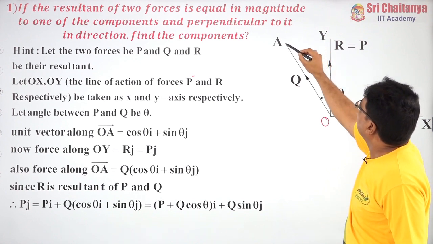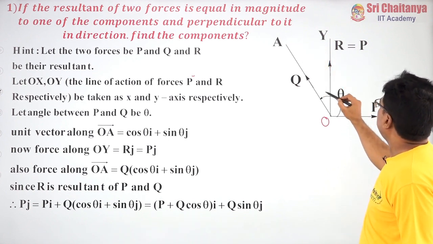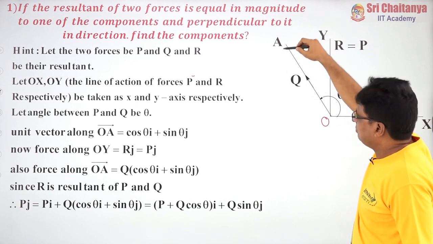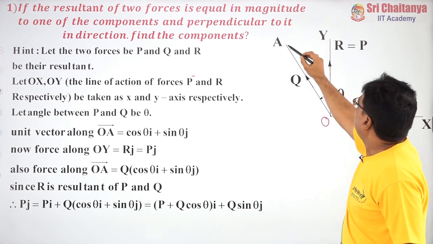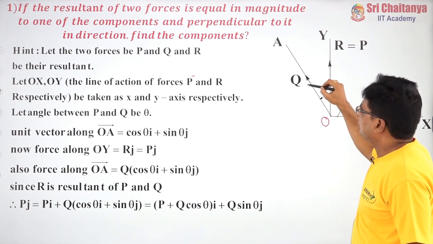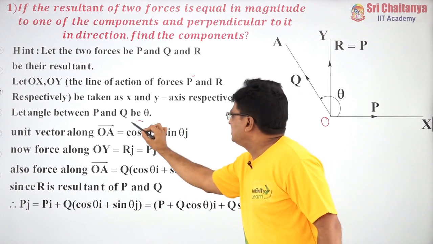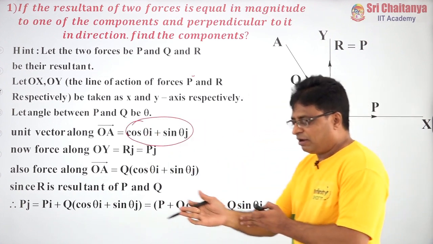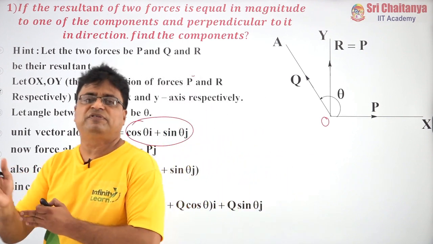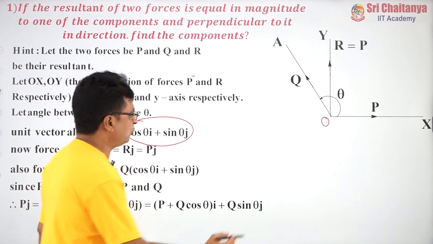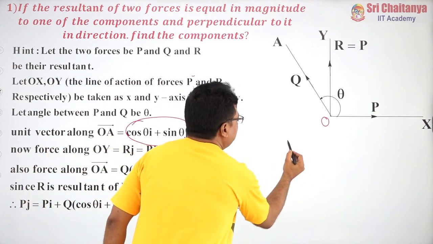Since this is angle theta, and if the magnitude is Q, therefore this is the unit vector along OA bar. Actually, along x axis i cap is the unit vector, along y axis j cap is the unit vector.